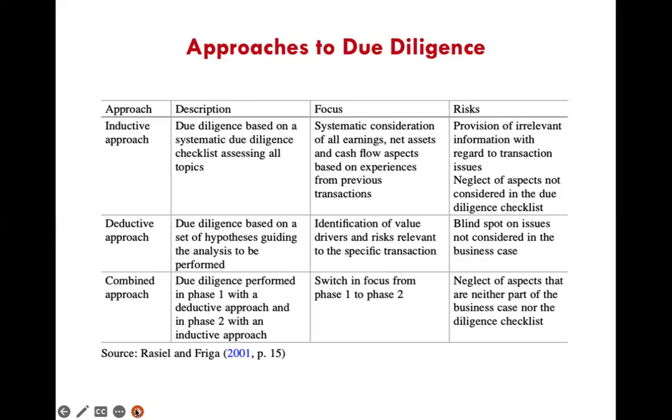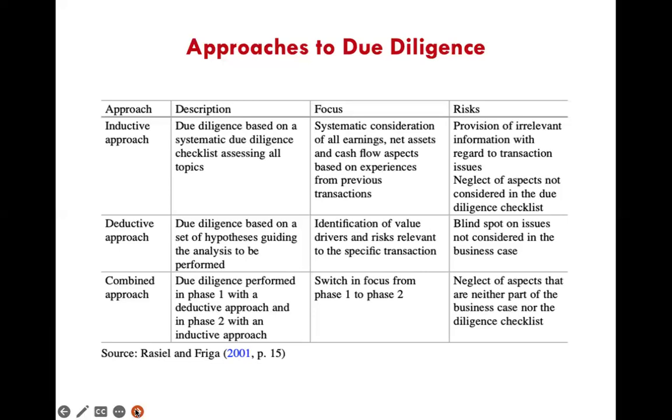So in summary, there are two key approaches to due diligence. You have the inductive approach, which is a very comprehensive approach, usually a bottom-up approach, which collects as much information as possible, whereas the deductive due diligence approach focuses on the values or the variables of interest, right?